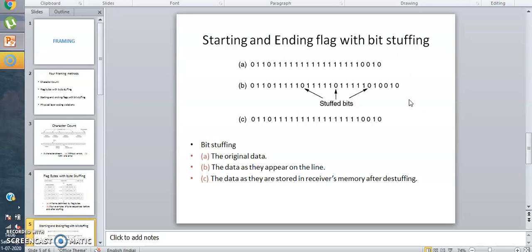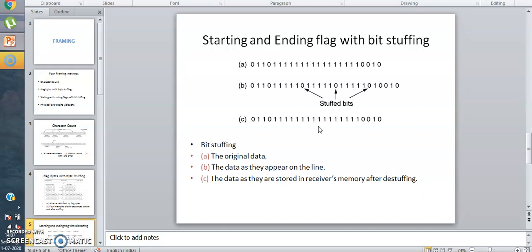Whenever the receiver sees 5 consecutive ones followed by a 0 bit, it automatically destuffs, that is, deletes the 0 bit. If you observe figures B and C, just as byte stuffing is completely transparent to the network layer in both computers, so is bit stuffing.